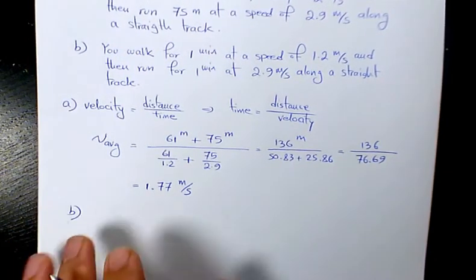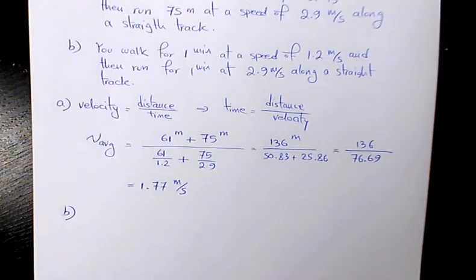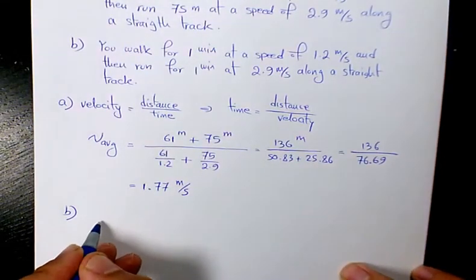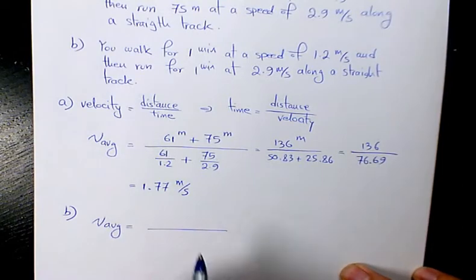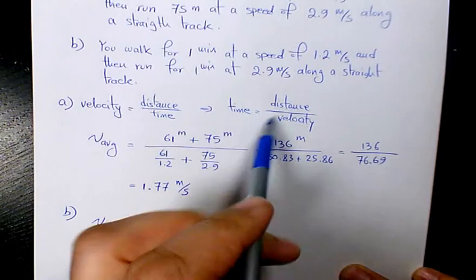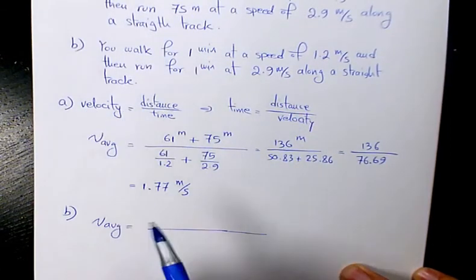In part B it says you walk for 1 minute at the speed of 1.2 meters per second and then you run for 1 minute at 2.9 meters per second along a straight track. So V average again is going to be total distance, which we don't know, but we have the velocity and time. So velocity times time is going to be the distance.